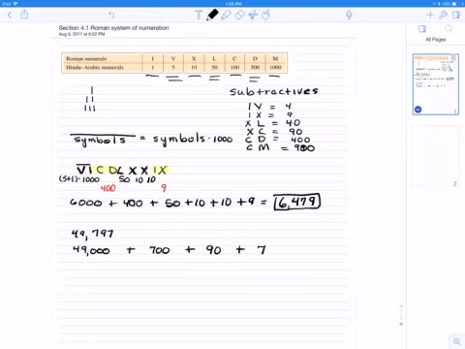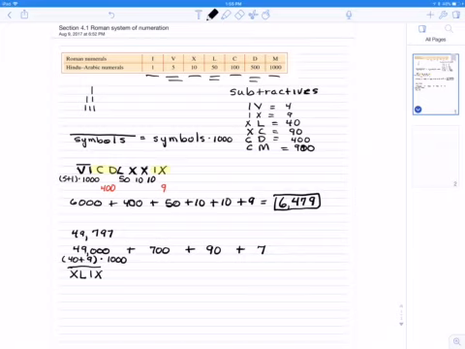So for the 49,000, I can break that down into 40 plus 9 times 1,000. So 40, that's a subtractive. It's XL. 9, that's a subtractive, IX. Now to indicate that we want it multiplied by 1,000, I'll just put a bar over it.